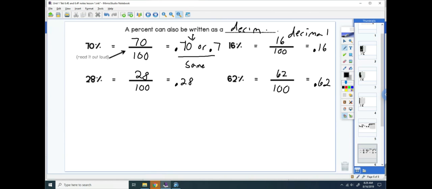The zeros represent how many digits have to be after the decimal place. If I wrote 1%, that'd be 1 out of 100, and it won't be 0.10, it'll be 0.01.